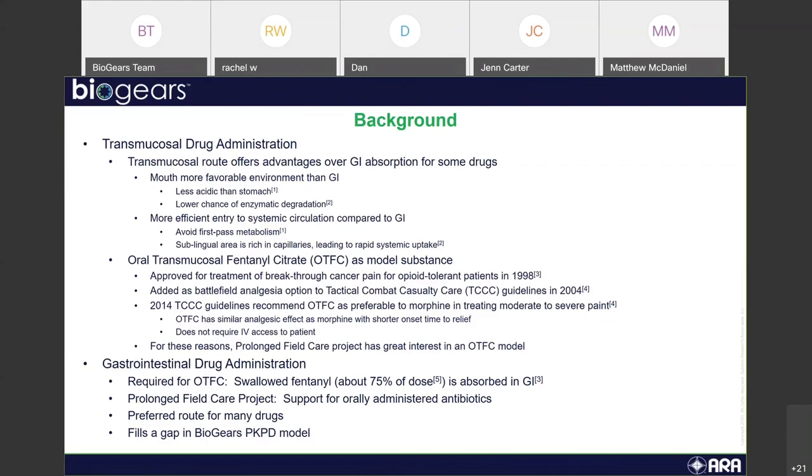About three quarters of the dose is swallowed, and then about a third of that swallowed amount is absorbed in the GI, so you actually get some secondary absorption there. Our PFC project also wanted to look at orally administered antibiotics, so that's another motivation for that model. And in general, it's a preferred route for many drugs, and this fills a gap in BioGears that we've been missing. We've had intravenous, intramuscular, intraarterial, but we haven't had an oral drug model yet.